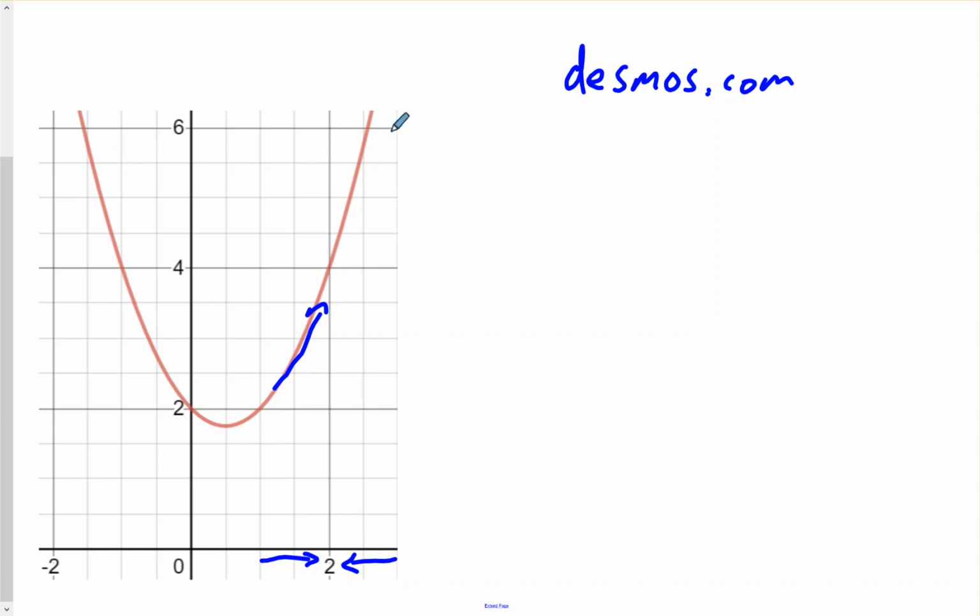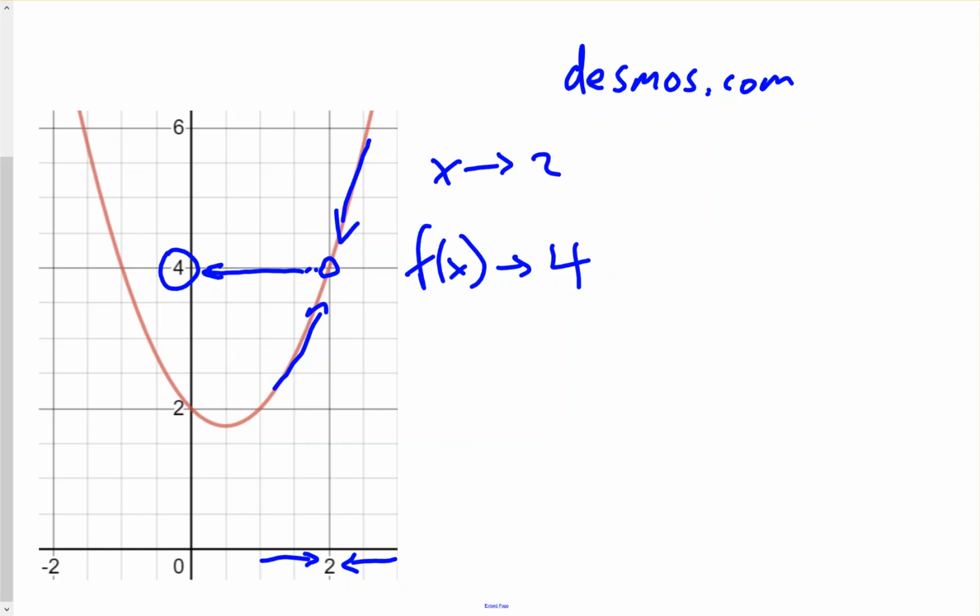As we approach 2 from the right, we're approaching it like that. We could eyeball this and get a pretty accurate result. It looks like it's approaching 4. So as x is approaching 2, our function is approaching 4.